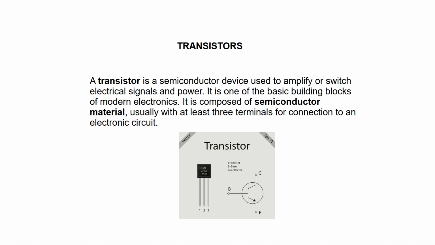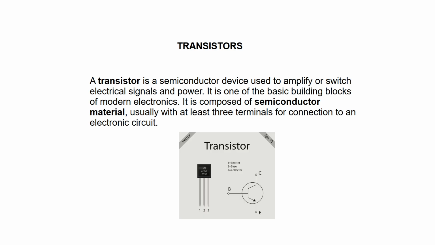A transistor is a semiconductor device used to amplify or switch electric signals and power. It is one of the basic building blocks of modern electronics. It is composed of a semiconductor material, usually with at least three terminals for connection to an electric circuit. So this is what Wikipedia tells us.